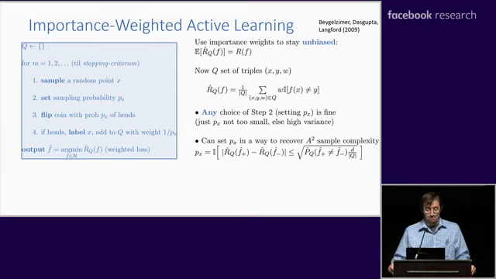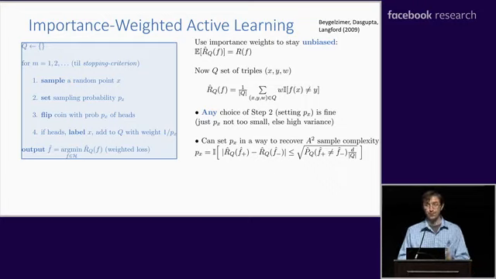And out of that, you'll get still some kind of a safety guarantee because you're dealing with an unbiased estimator of the risk. And I'll mention it's still possible to recover the disagreement-based active learning just by plugging in a sort of Bernstein indicator function for the p sub x value.